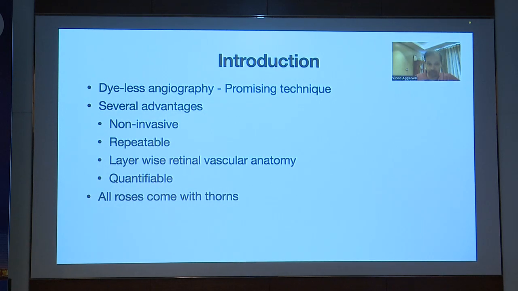That is, it resolves the retinal vascular plexus in various depths, and of course, to a certain extent, it is quantifiable as well. But as we are aware, all roses come with thorns. So is OCTA. It has its certain disadvantages. So I'll show you some of my cases where OCTA rather made the things more complex.